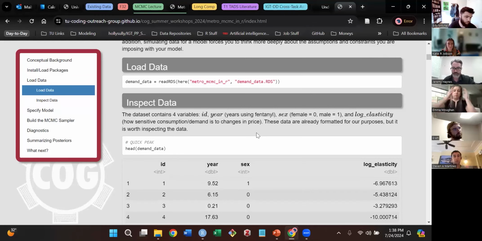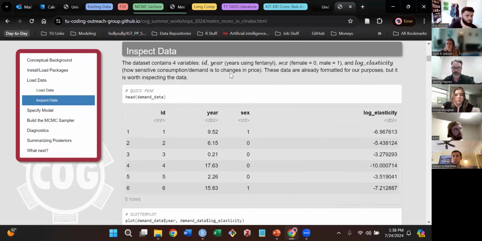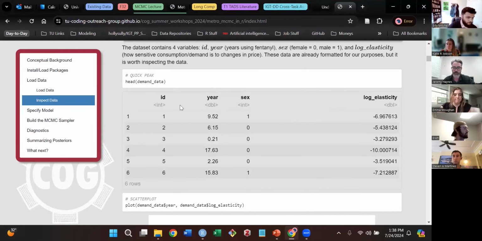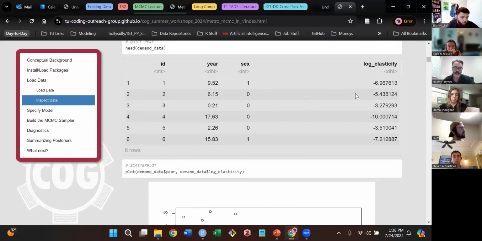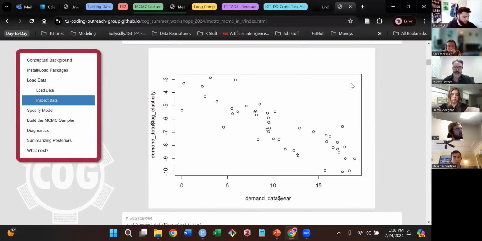So the data set, like I said, is economic demand. It's a data frame with an ID column. There's years using fentanyl. There's sex, so I think 0 is female, 1 is male. And then log elasticities here on the right. Here's a scatter plot.